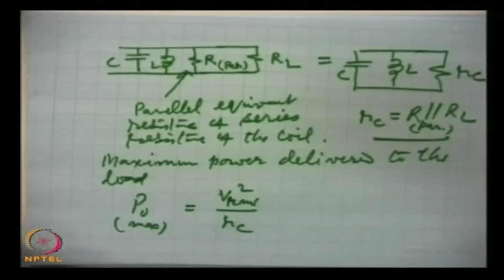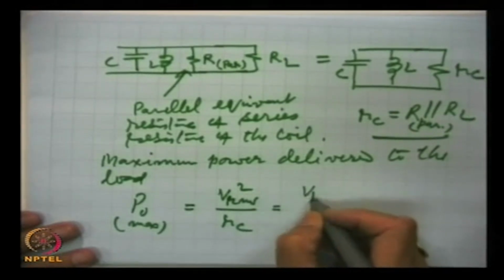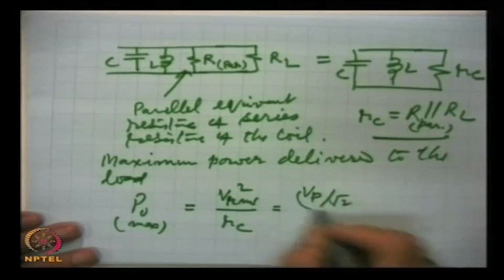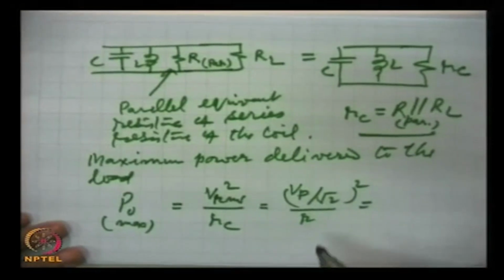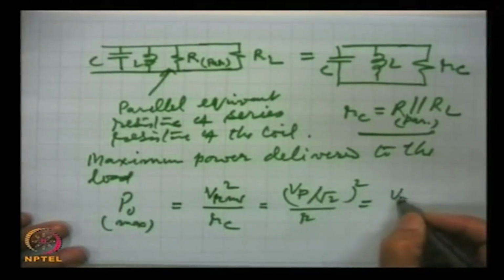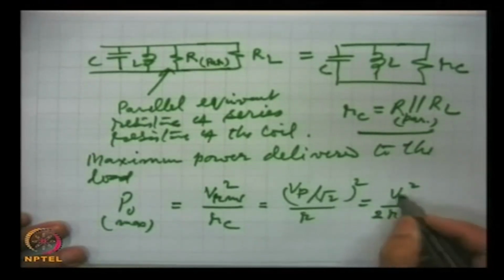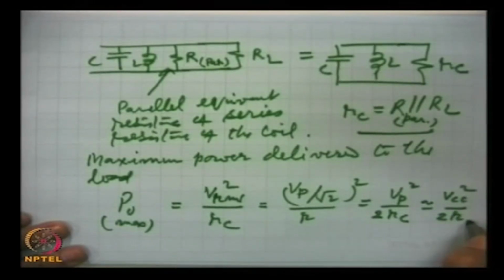This is equal to Vp, the peak value, divided by root 2, squared, by RC, which is Vp squared by 2 RC. But Vp is close to VCC, so this is actually VCC squared by 2 RC.